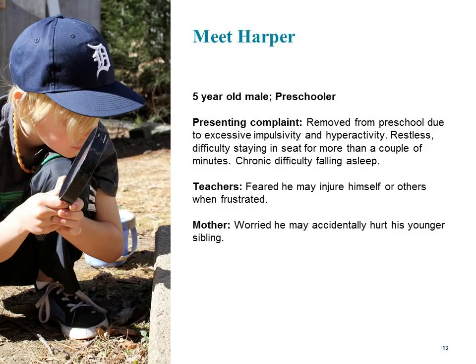This is a 5-year-old boy, Harper, and he was a very active preschooler, so much so that the people who were running the preschool felt like they really couldn't take care of him, that he was exceedingly impulsive and had to be watched very, very closely all the time with somebody close enough to grab him if he moved.